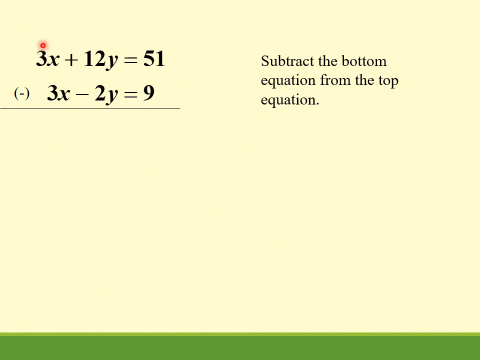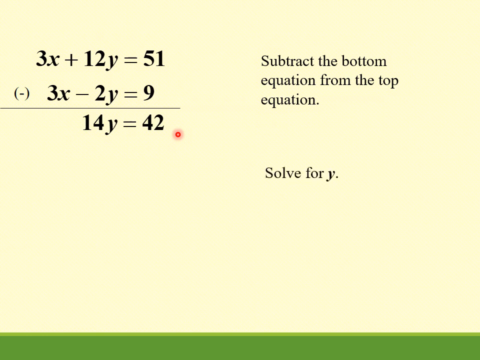So we are subtracting 3x from 3x, which gives us 0. And then 12y minus minus 2y: the two minuses neutralize each other and you get 14y, which is equal to 42.